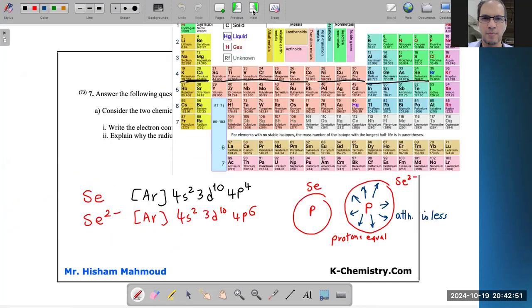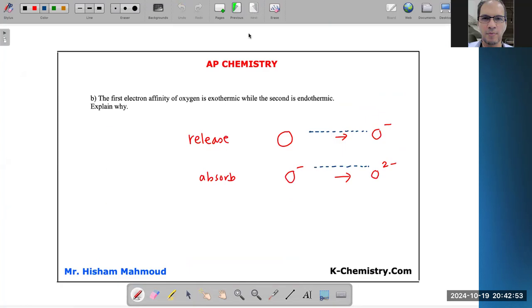Same idea. Which is easier: add an electron to a neutral or add an electron to a negative? Neutral. Here it's very difficult because you will put the electron on the negative. So there is much repulsion between the electron that you want to put and the negative ion. That's why you need to make a very big bond.